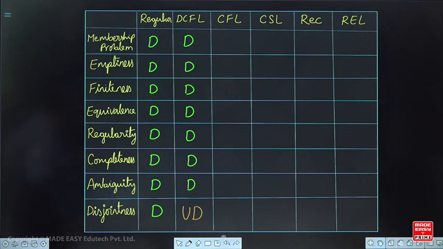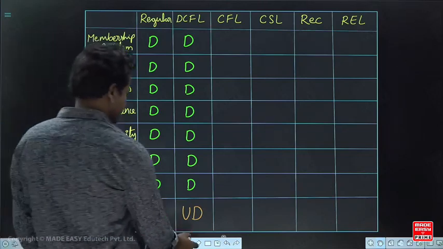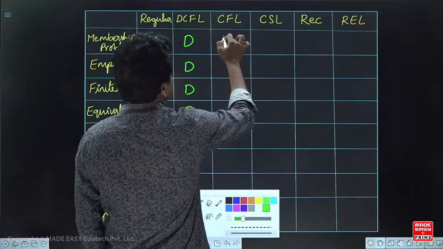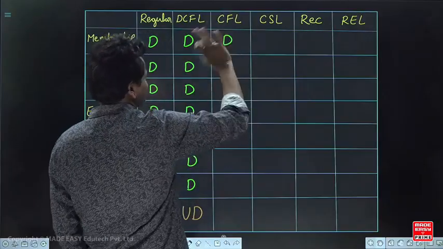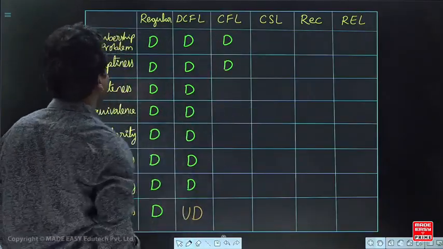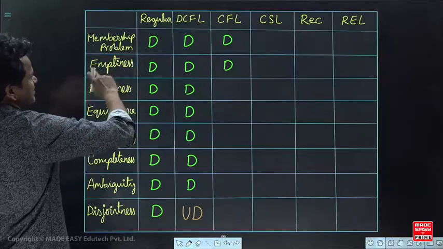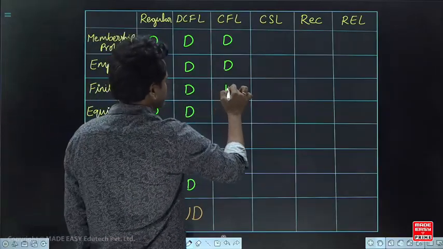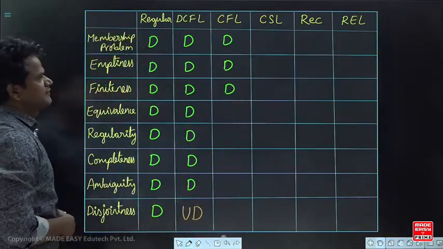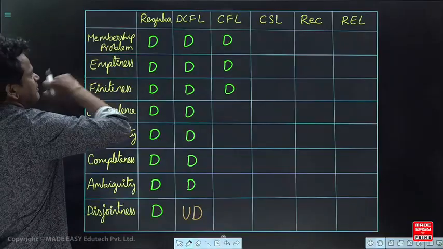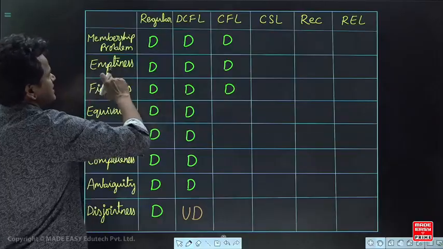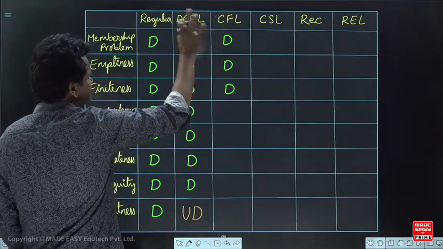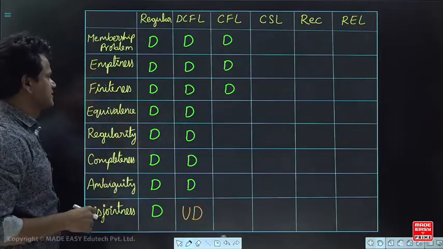Now, CFLs are decidable under membership, emptiness and finiteness. Sorry, not closed, decidable. The membership problem is decidable for CFL, the emptiness problem is decidable for CFL, and finiteness is also decidable.